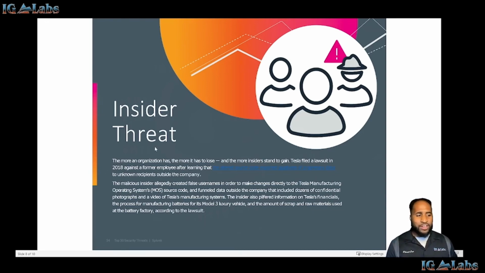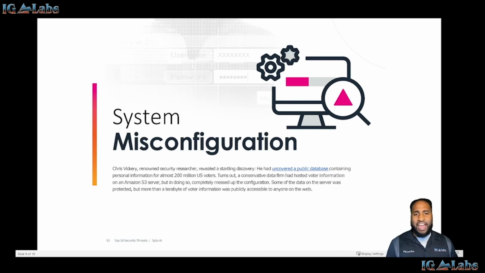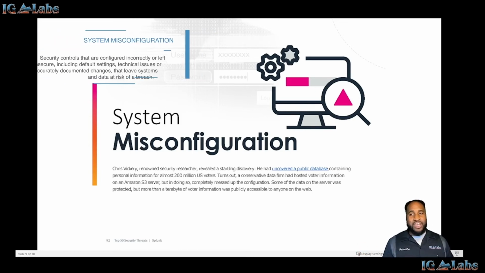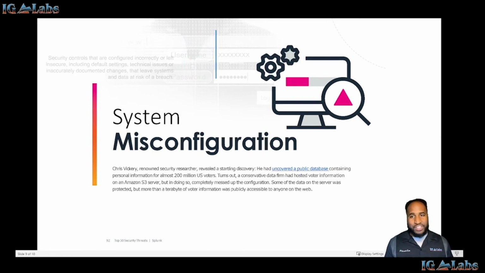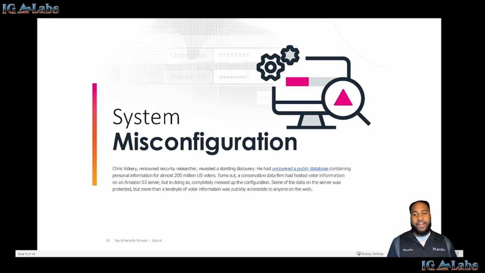Along with insider threat, you also have system misconfiguration. This can happen because you may have missed a patch, left default accounts, or have poor documentation. You have unnecessary things you don't need, and your default configurations are insecure. This poses a risk to organizations, and it can happen at any level. Again, this is more so due to human error.